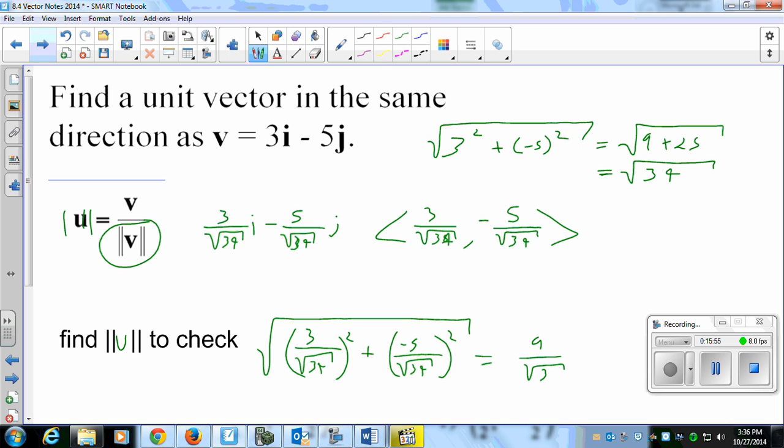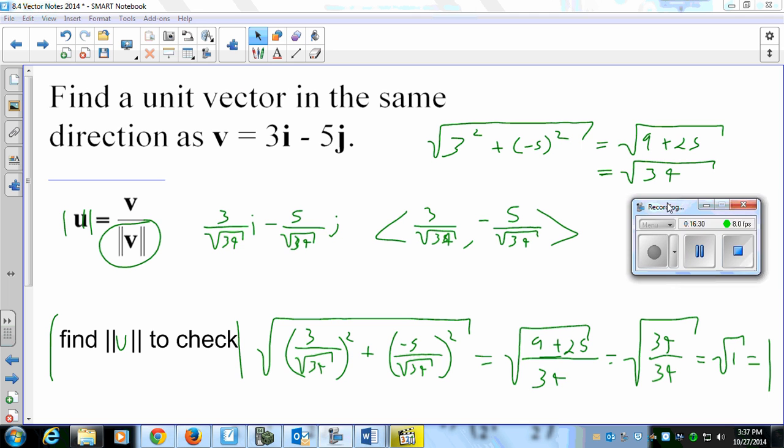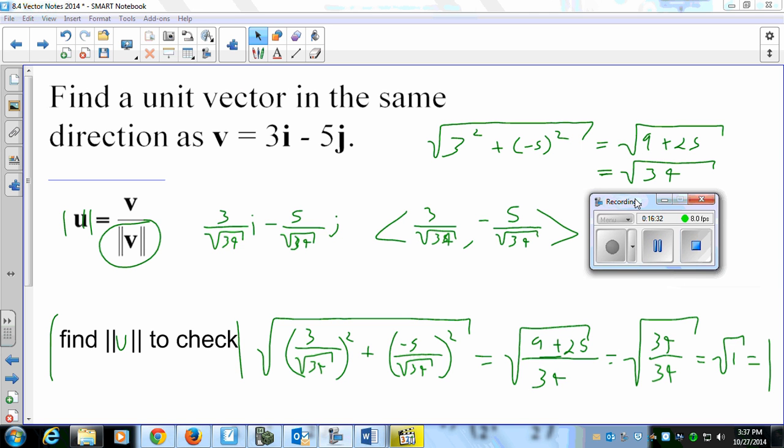We already have a common denominator, because if we square both of them, it's 34. And we have 9 plus 25 over 34, square root of this. We get the square root of something over itself, which is the square root of 1, which is equal to 1. So we have verified that this is indeed a unit vector. That concludes our notes for tonight. Make sure you have them down for tomorrow, and we'll have an activity working with vectors.